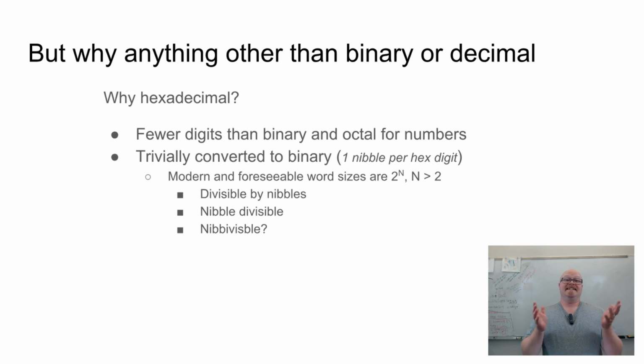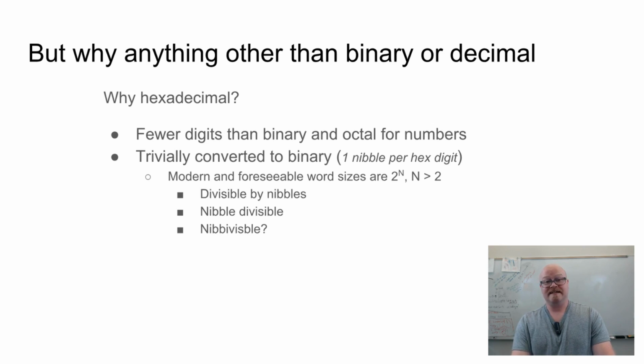So why hexadecimal if octal does all this great stuff for us? Well, similarly to one of the advantages of octal over binary, hexadecimal uses fewer digits than both binary and octal for the same value. And like octal, it is trivial to convert between hexadecimal and binary in either direction.